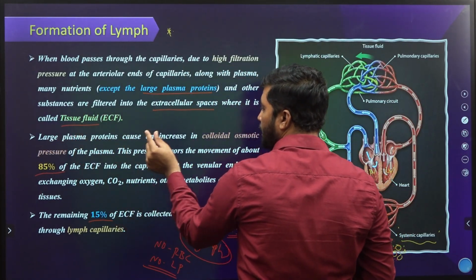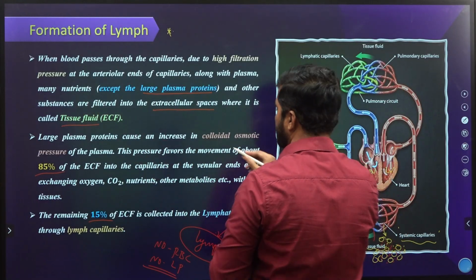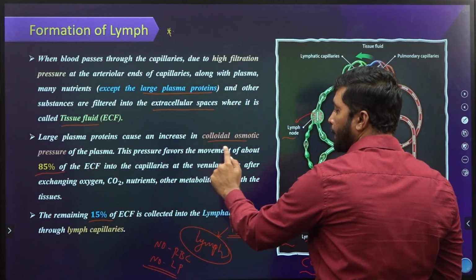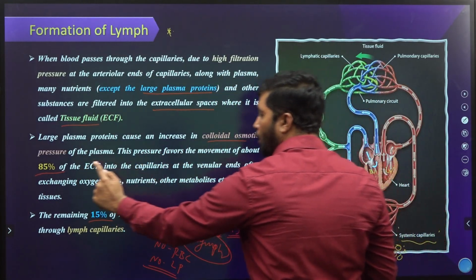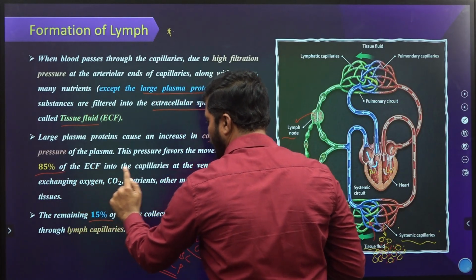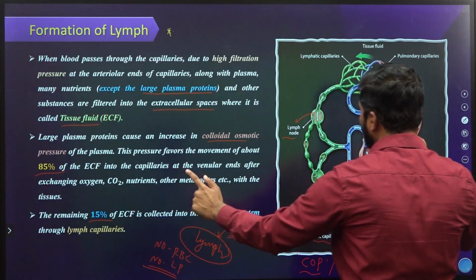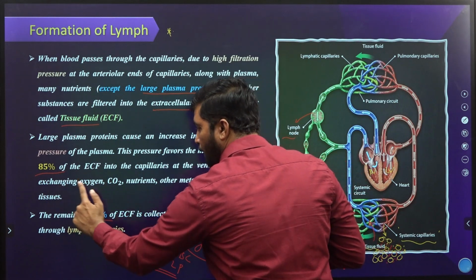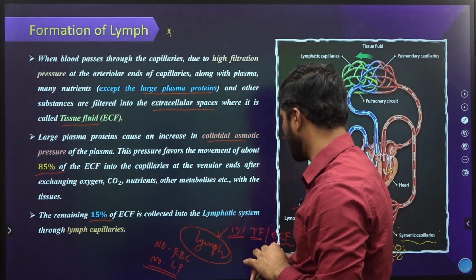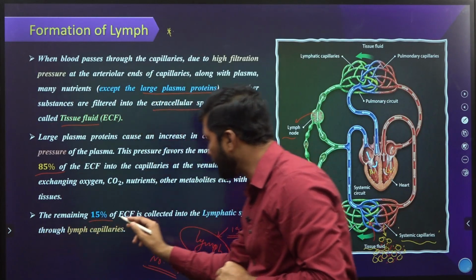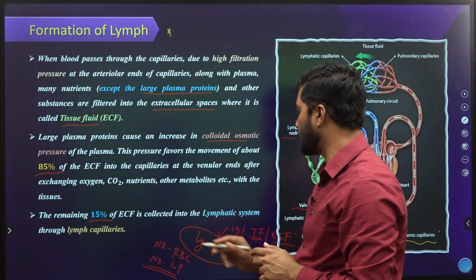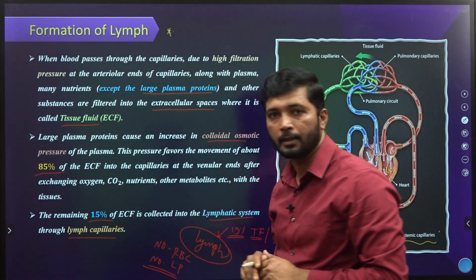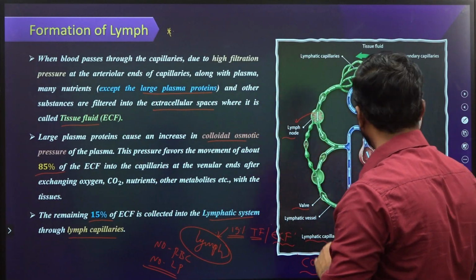Large plasma proteins increase the colloidal osmotic pressure, which favors the movement of about 85% of the tissue fluid back into the venous capillaries after exchanging oxygen, carbon dioxide, nutrients, etc. The remaining 15% of the ECF is collected by the lymphatic system through capillaries. This is the formation of lymph.